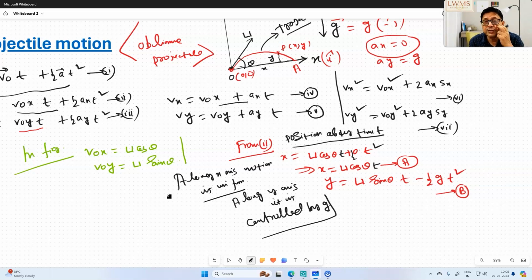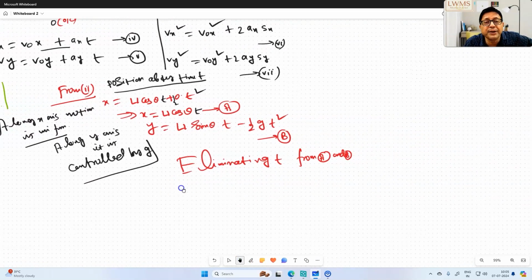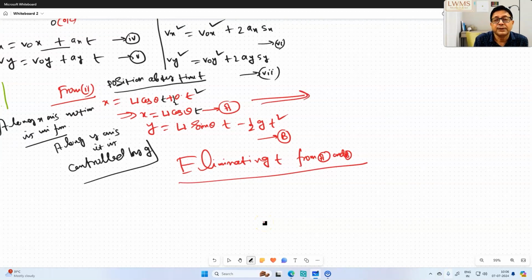So these two equations will help us to get the equation of the trajectory. See how I am getting it. With t as a parameter, we eliminate t from A and B. So if you eliminate t from A and B, what do you get? To eliminate t, I am taking t from here. This t is x by u cos theta and put it there.